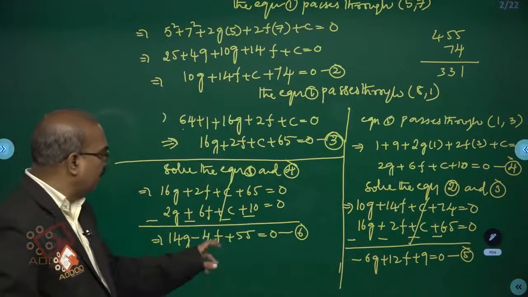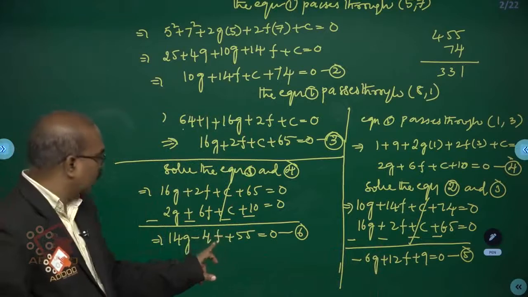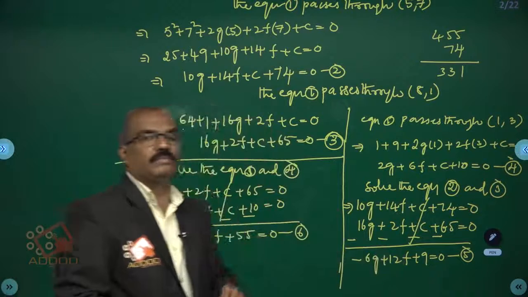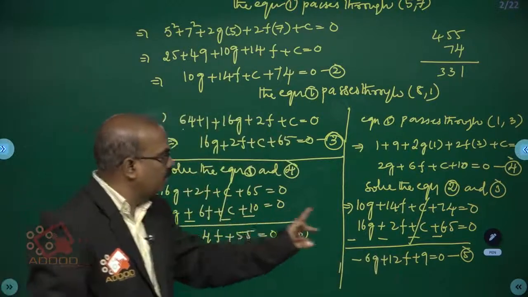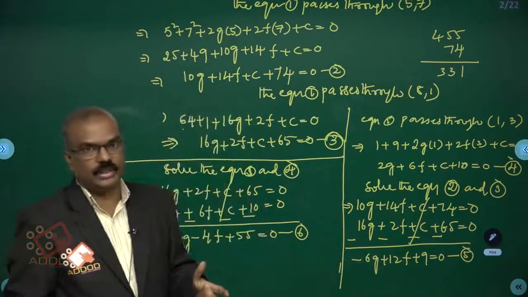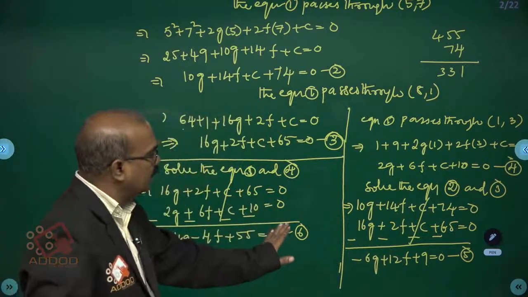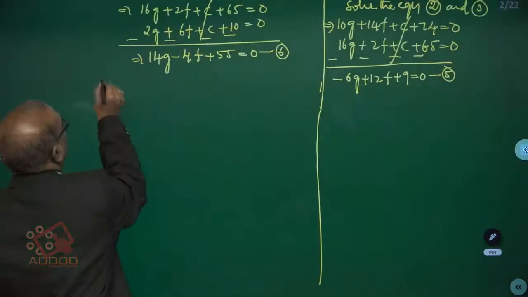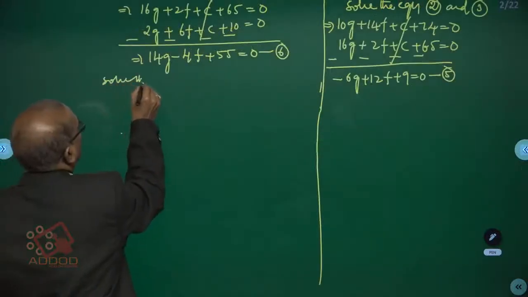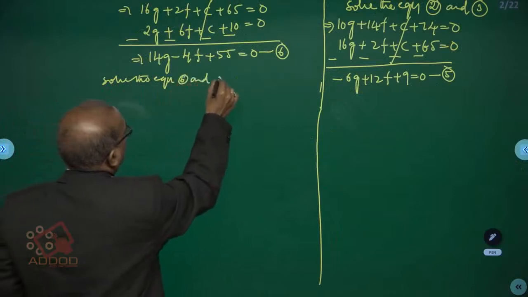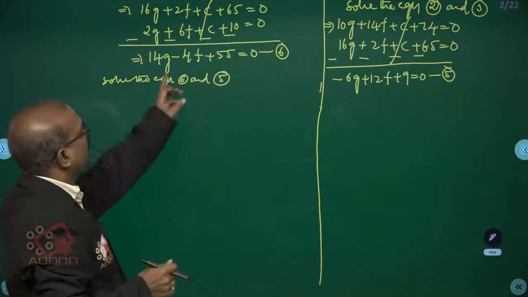Whenever we multiply by 3, this becomes minus 12f and here plus 12f, so the minus 12f and plus 12f will be cancelled. So let us solve equation 6 and equation 5, multiplying with this 3.